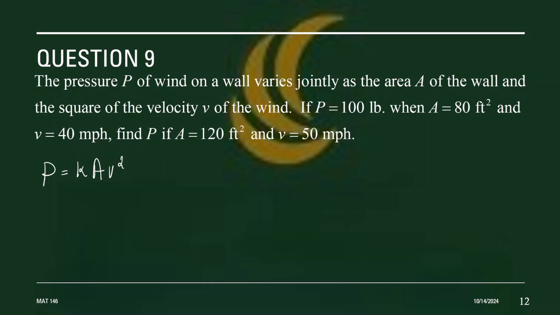But it's not volume, because the pressure doesn't depend on the depth or the thickness of the wall. Surface area is the proper term there. So that should say it varies jointly as the surface area of the wall, and the square of the velocity of the wind, that's fine.